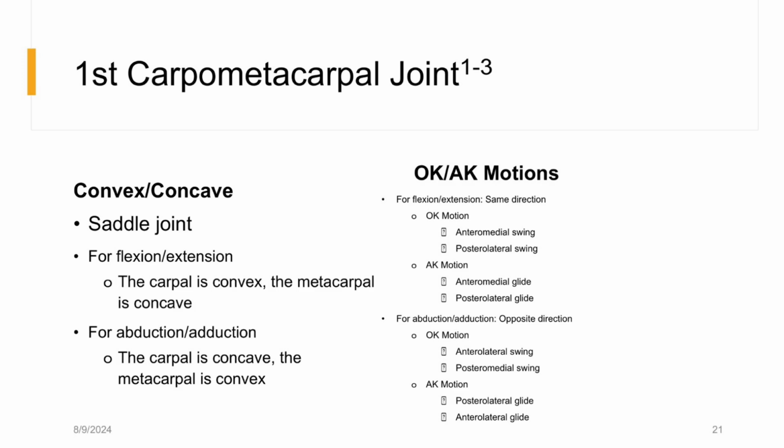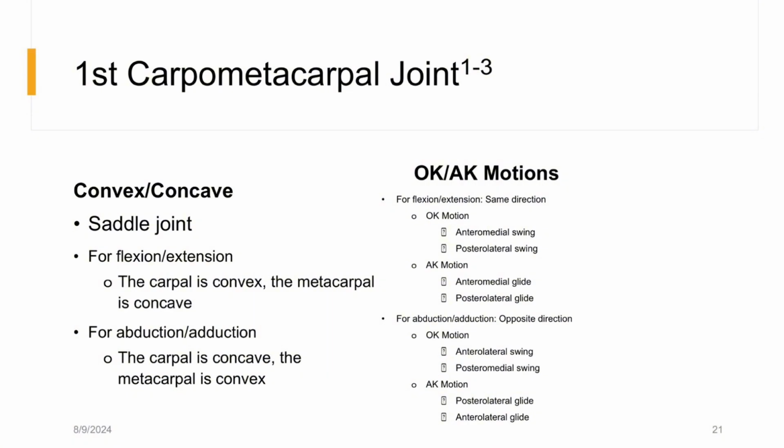So with flexion, medial swing and roll with a medial glide. That's flexion, right? With extension, a lateral swing and roll with a lateral glide occurring. That's with CMC extension.